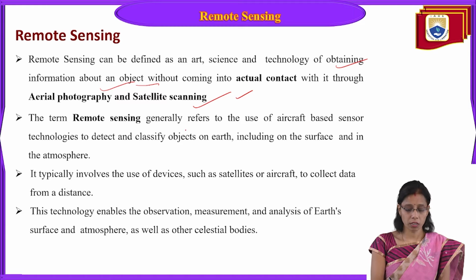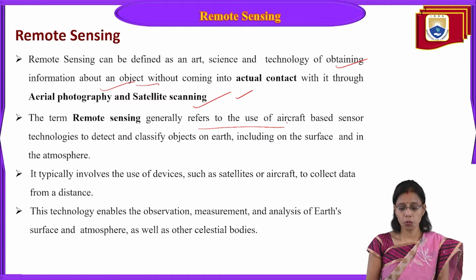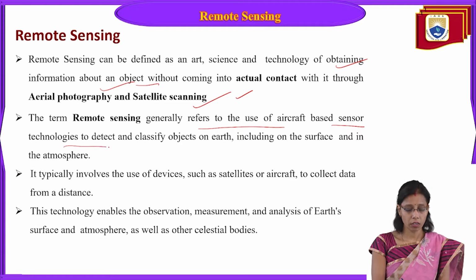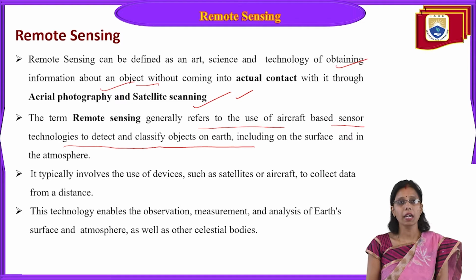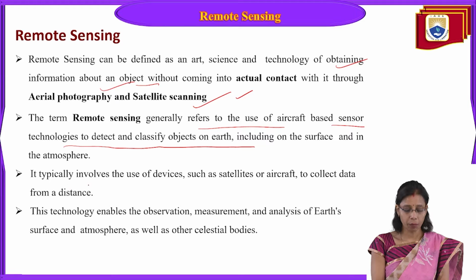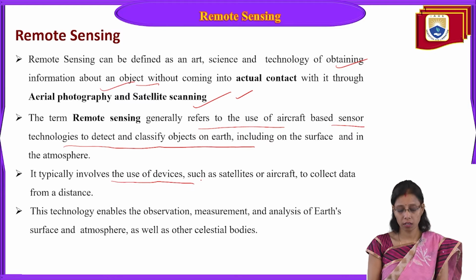The term remote sensing generally refers to the use of aircraft-based sensor technologies to detect and classify objects on Earth, including on the surface and in the atmosphere. It typically involves use of devices such as satellites or aircraft to collect data from a distance.